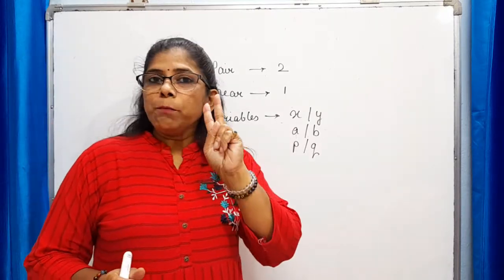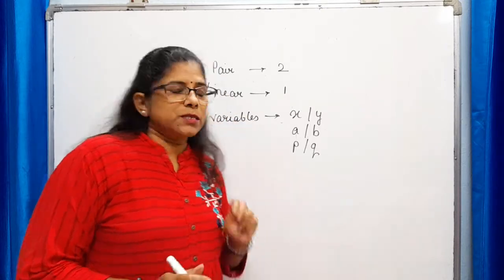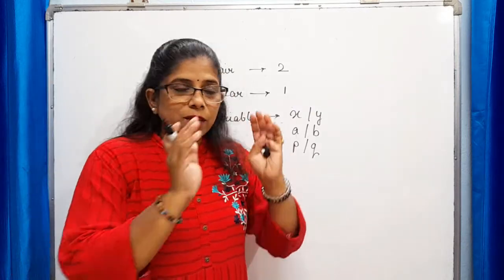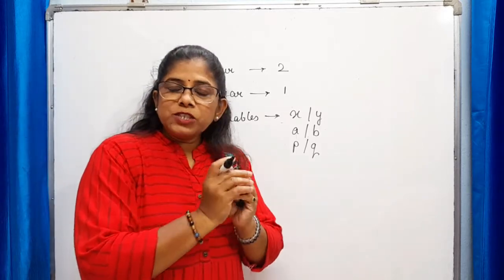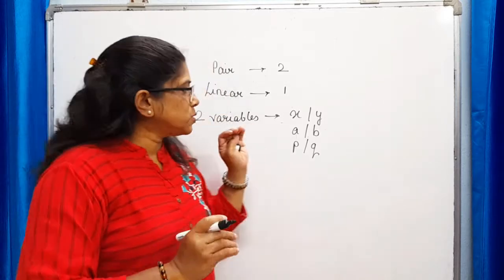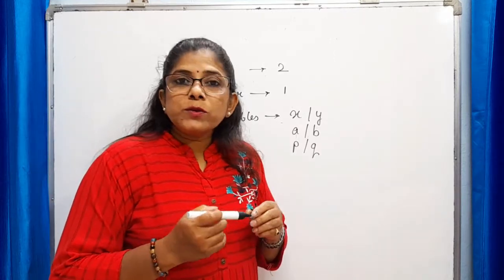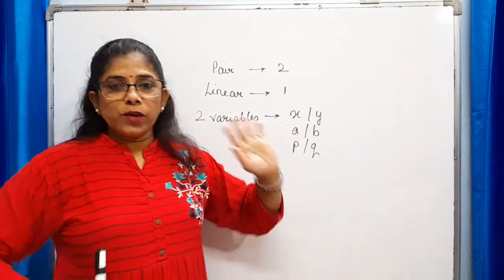But when they give the pair of linear equations, both the equations will have the same variables. Suppose equation 1 has x and y, equation 2 also will have x and y. If we have a and b for one equation, our second equation will also have the variables a and b. So in this chapter, we are going to solve such pairs of linear equations in two variables.